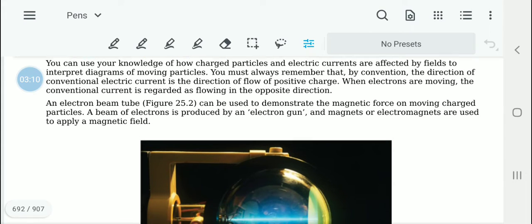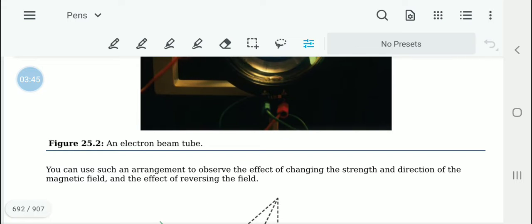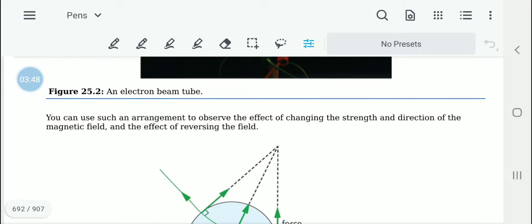Now when you use an electron gun, that is a beam of electrons, in a magnetic field, how the electrons are affected by the magnetic field is what we are trying to find out.